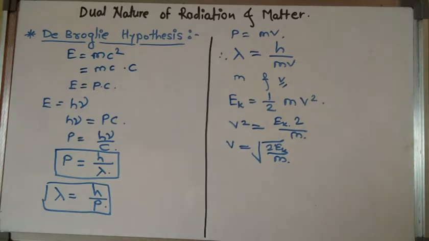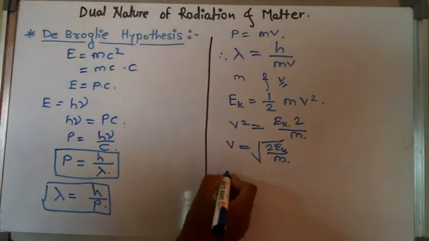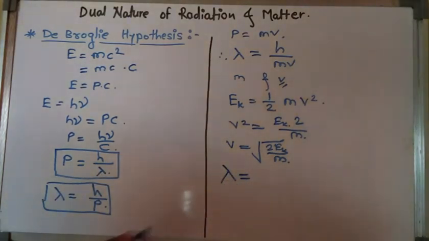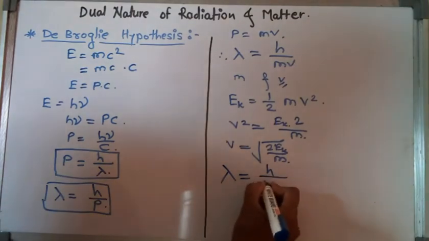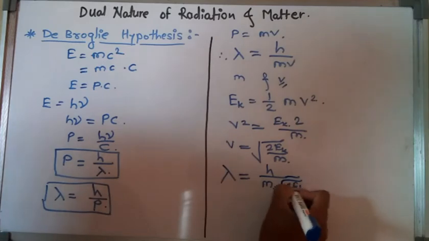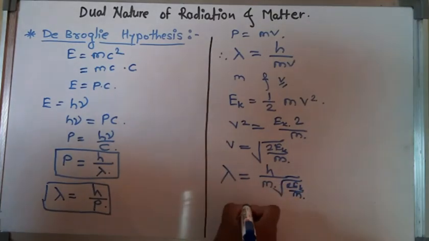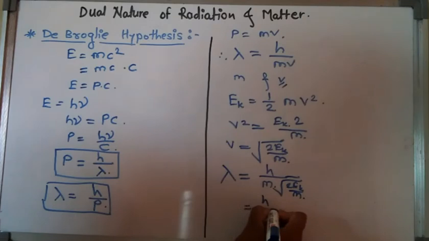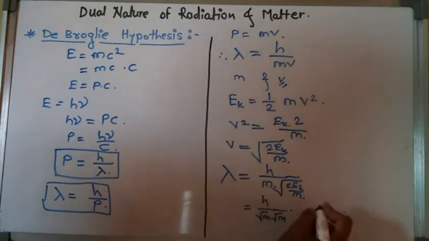Then using this velocity of particle in the de Broglie's relation, that is lambda is equal to h divided by m into v, that is square root of twice Ek divided by m. Then it is equal to h divided by m, which can be written as square root of m into square root of m, into square root of m divided by square root of twice Ek.